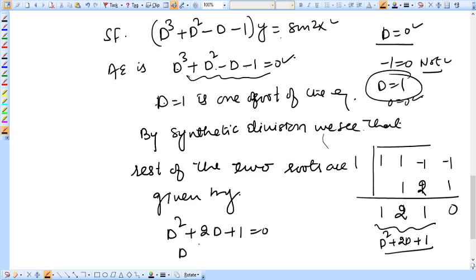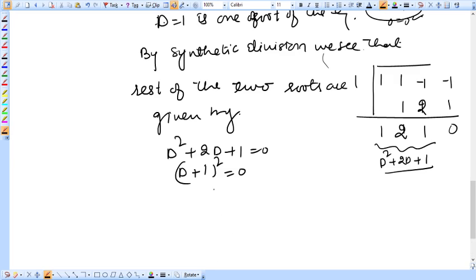Easily you can see it is the whole square of D plus 1 equal to 0, right? So the two roots are minus 1 and minus 1. Writing all three roots in one go, we get D equal to 1, minus 1 and minus 1.